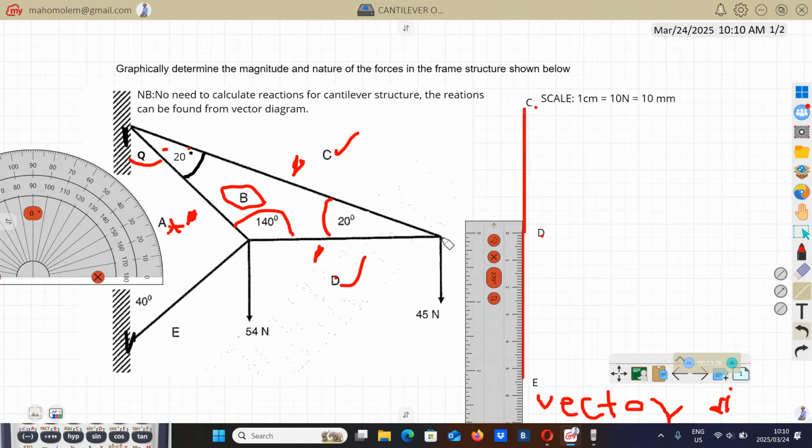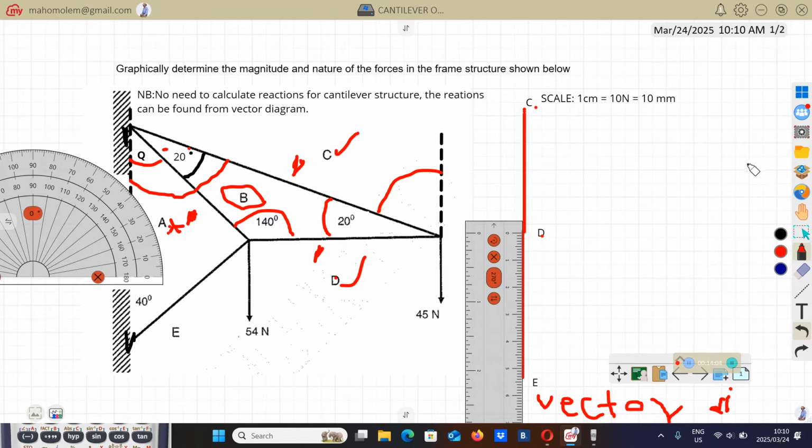If I draw a line like this, the line there will be parallel to this. So now this angle here will be equal to this angle.